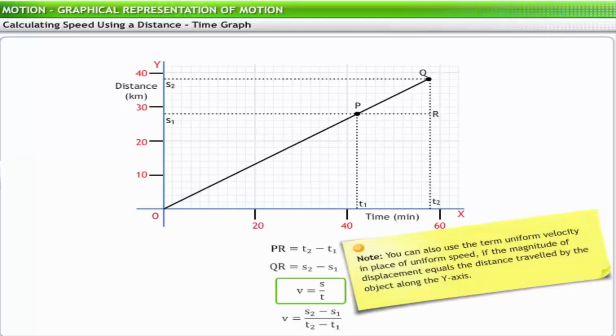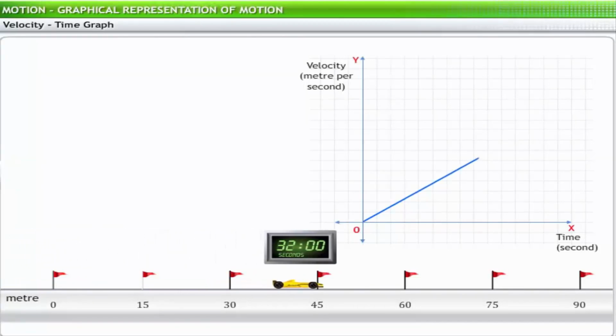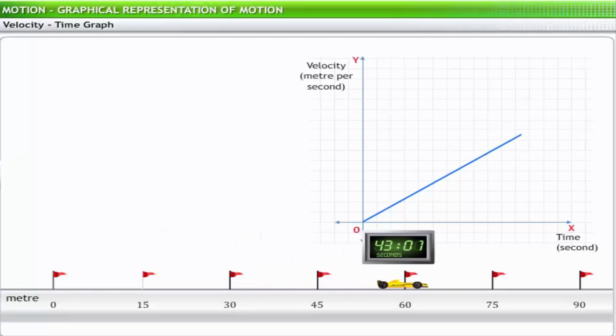Note, you can also use the term uniform velocity in place of uniform speed if the magnitude of displacement equals the distance travelled by the object along the y-axis. Like the distance-time graph, the variation in velocity with time for an object moving in a straight line can be represented by a velocity-time graph.